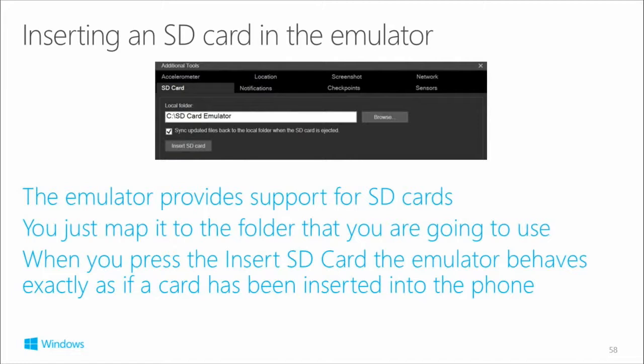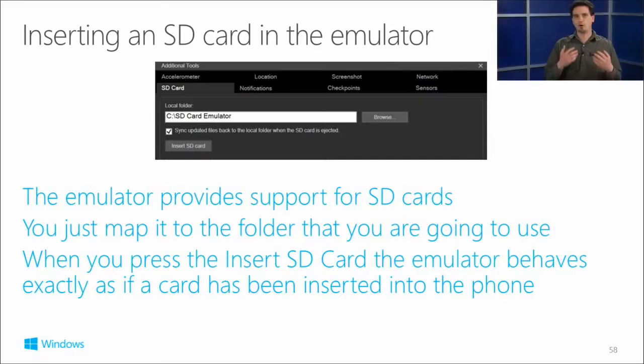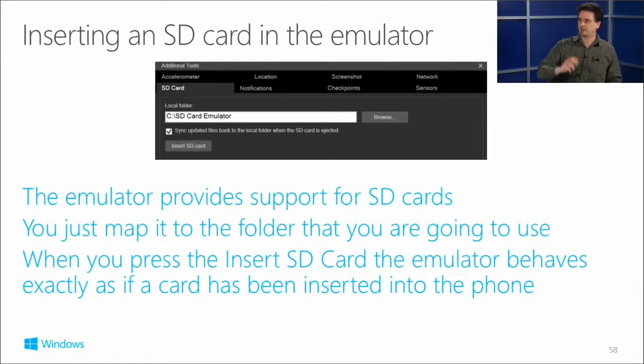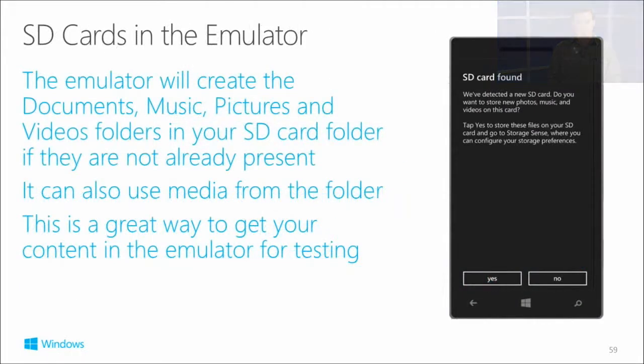And we can insert SD cards into the emulator. This is what the demo is going to be around. This is really pretty fun. Just define a folder on your laptop, desktop, wherever you're doing your development, and it will mount that folder as an SD card in the emulator. And then you can start saving information just straight to a folder on your file system. Once you insert the SD card, it's going to create all those known folders: the documents, the music, the pictures, the videos.